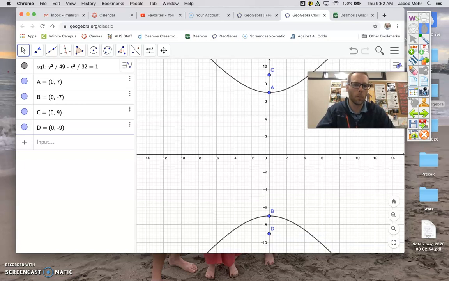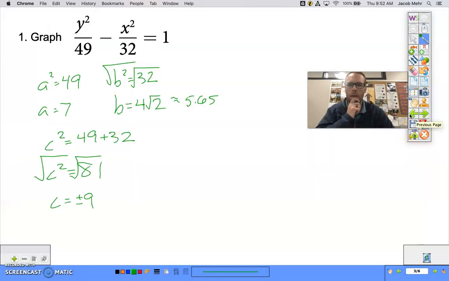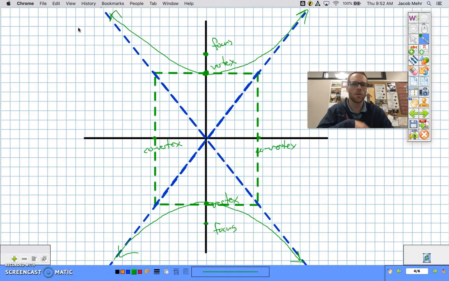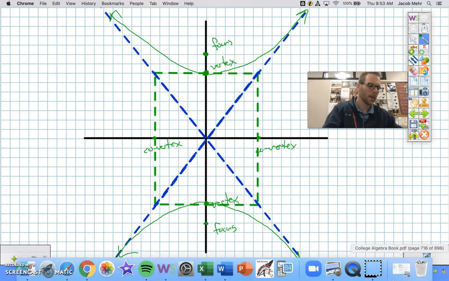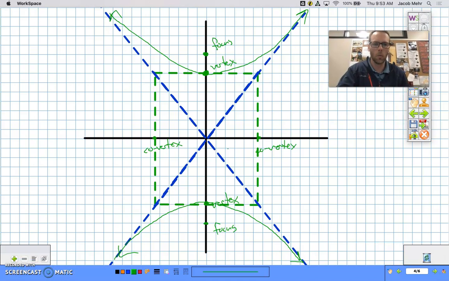Now, I'm not going to put in the whole box, but what I do want to see is what those slant asymptotes are. And the equation for this is really not that difficult when we think about how we got these points. So these are equations of lines. So I'm thinking y equals mx plus b. And what is the slope of this line? Well, the rise is the distance to the vertex, which was 7.